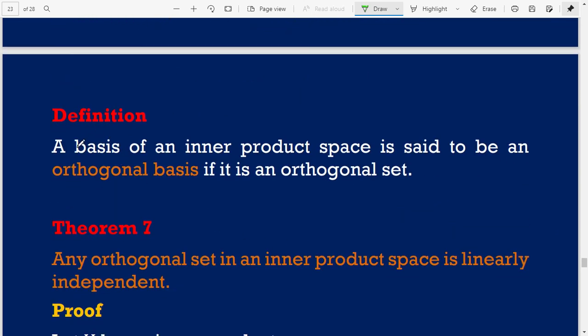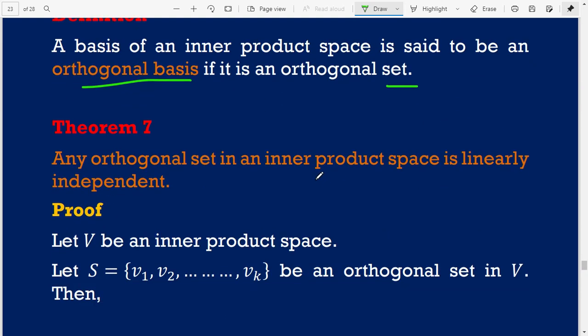Next definition: a basis of an inner product space is said to be an orthogonal basis if it is an orthogonal set. And now the theorem: any orthogonal set in an inner product space is linearly independent.